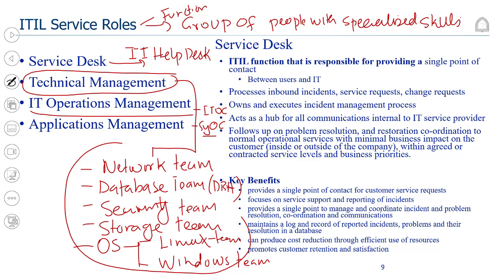This is for critical systems, systems which cannot go down even for a single minute, like your payment gateways and your ATMs. Those are very critical systems. So they always call them ITOC.